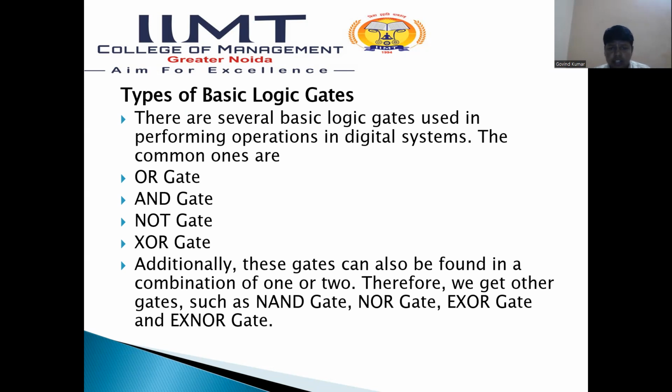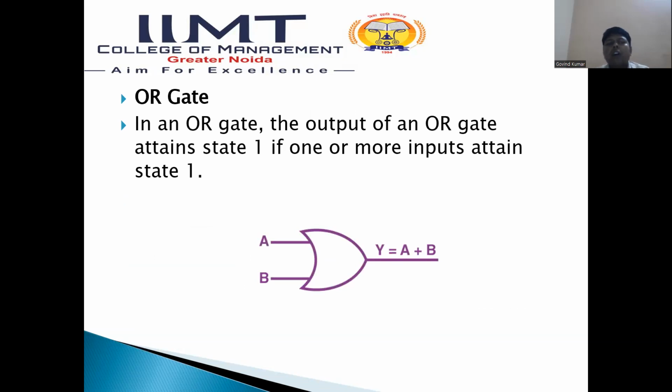Additionally, these gates can be combined to form other gates such as the NAND gate, NOR gate, XOR gate, and XNOR gate. The OR gate operation is represented by the plus operator.